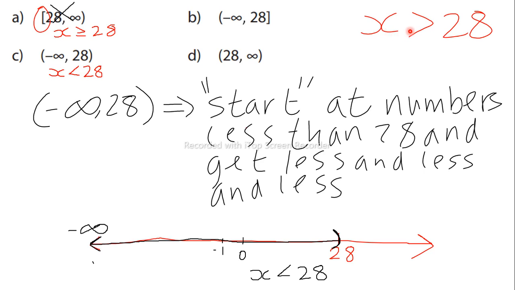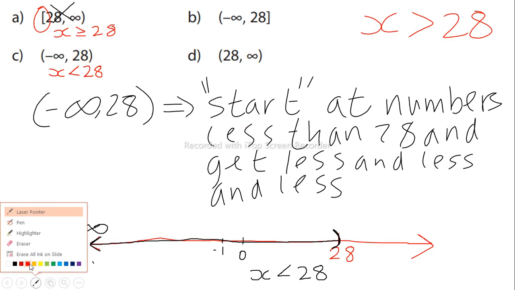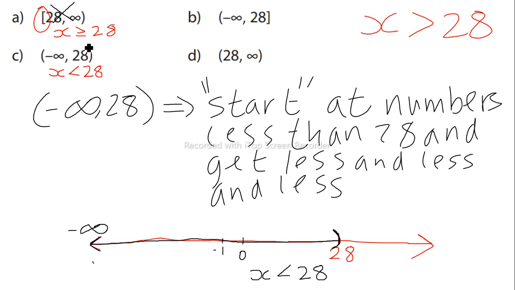So x is going to be greater than 28. That's very, very important. x is not strictly less than 28, x is actually greater than 28. So definitely this inequality would not work.